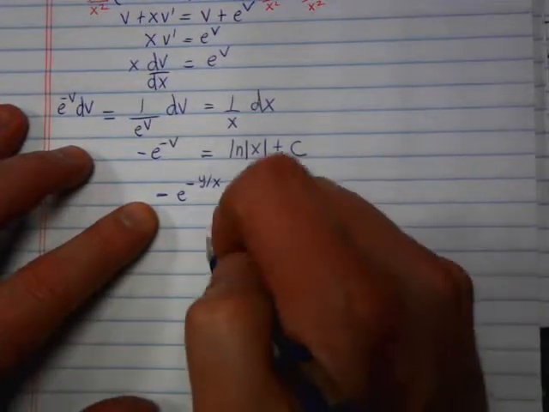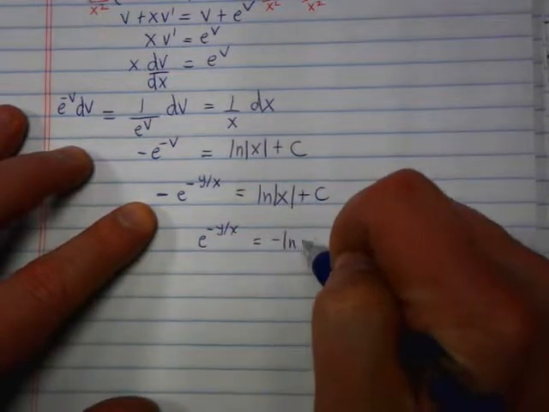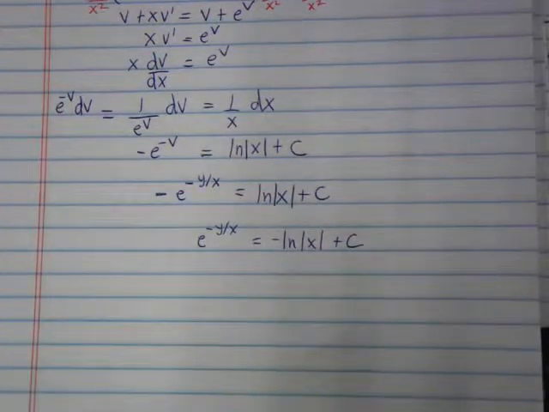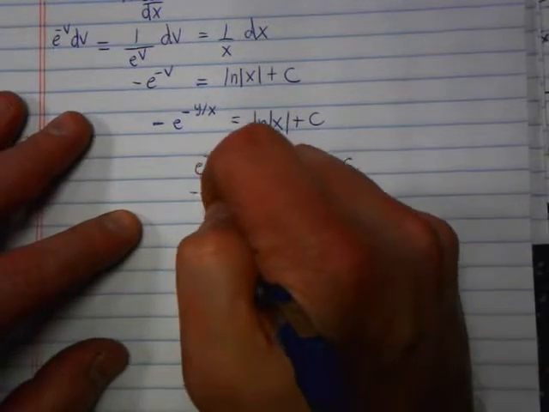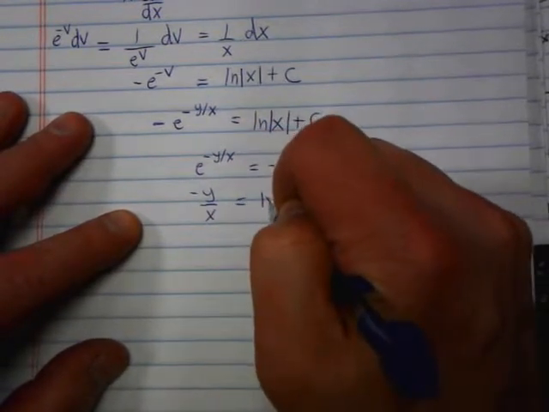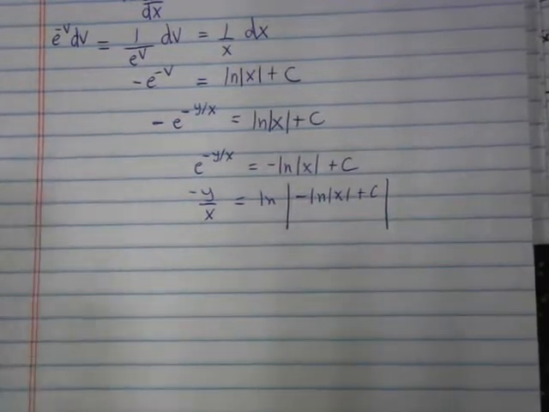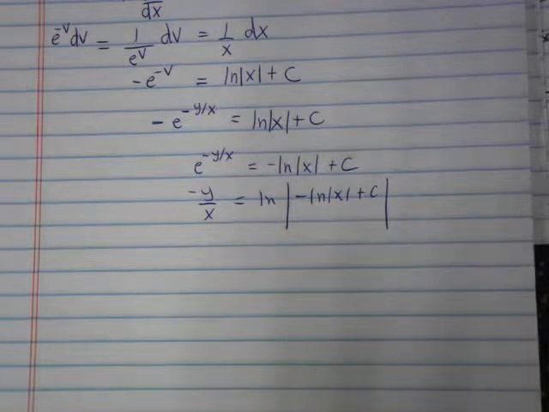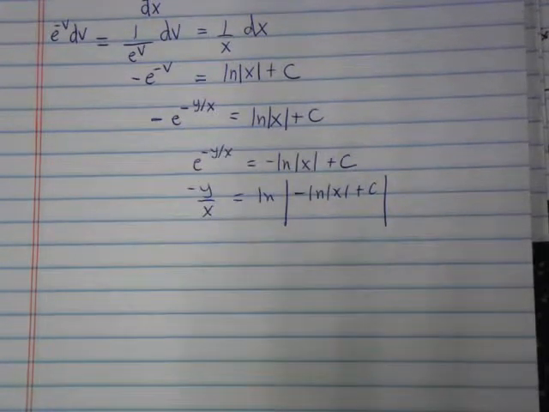You could go e to the negative y over x equals negative ln x plus c. Multiply both sides by negative 1. And then you could do an ln. So negative y over x equals ln of negative ln x plus c. But usually we try to avoid nested ln's. If it looks like it's going to be ugly, leave it. Leave it like that. It's okay, so long as you plug back in for the v.